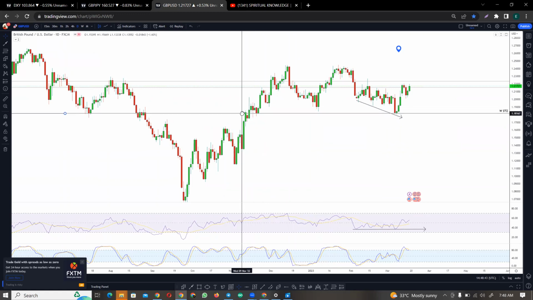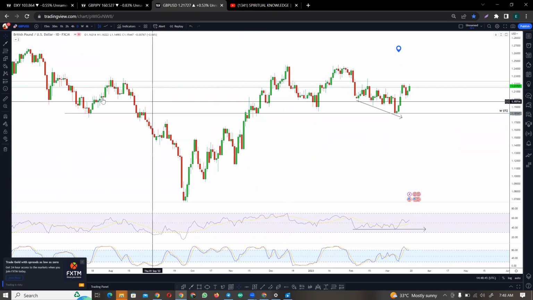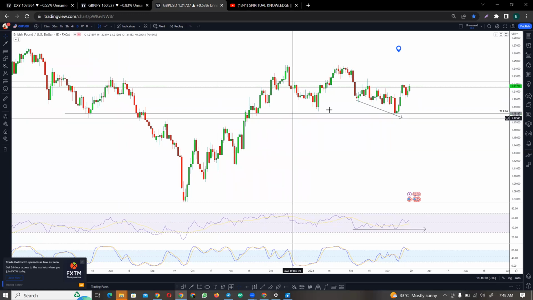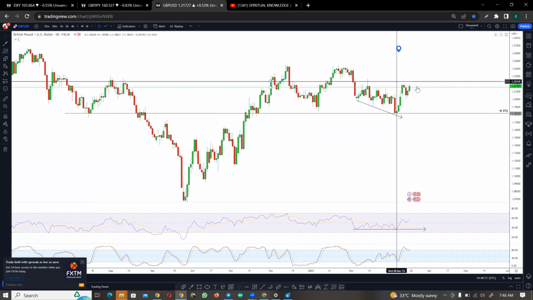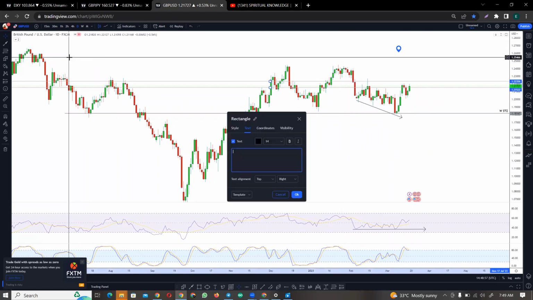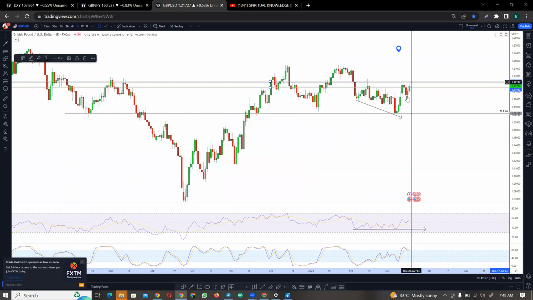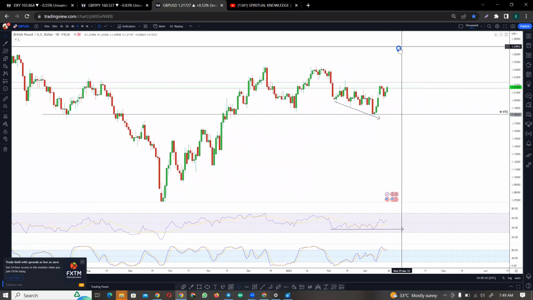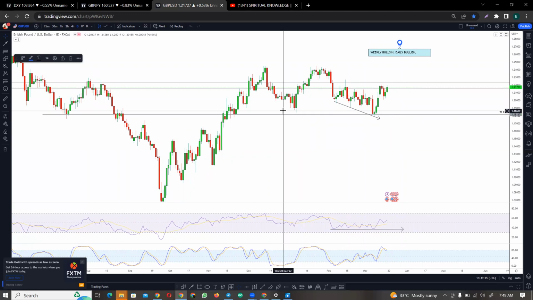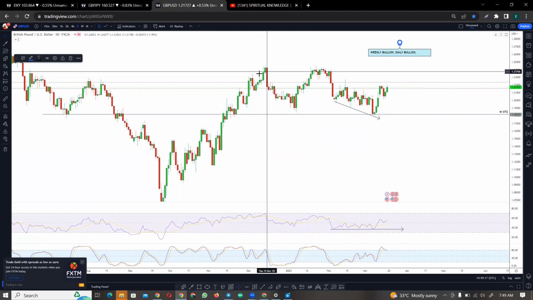I need to bring this down so that it will match. This is a support. Anytime the market comes here, the market rejects. So this is our weekly AOI. Next week we'll be waiting for the market to break this. If the market can break it and push up, then we will rejoice and give thanks to the Lord for he is good.